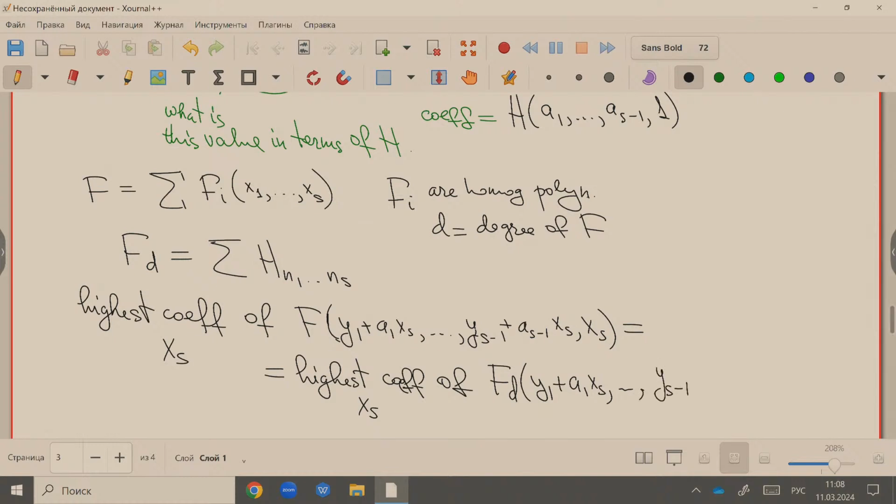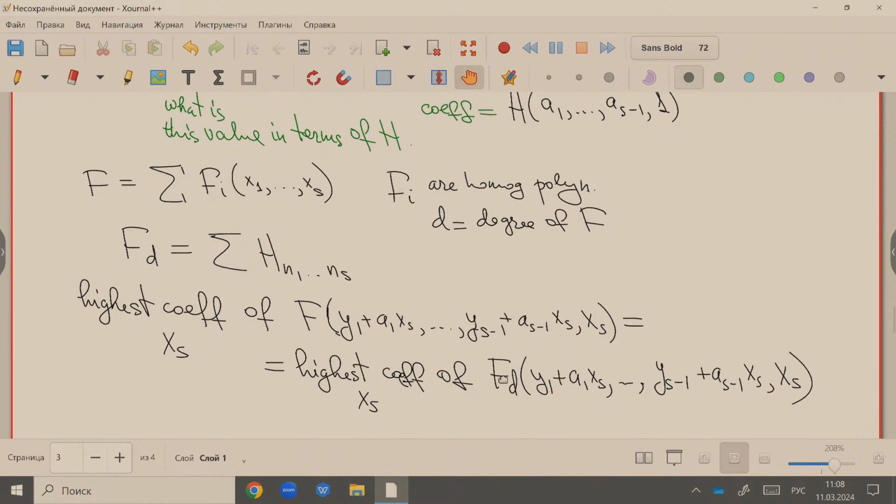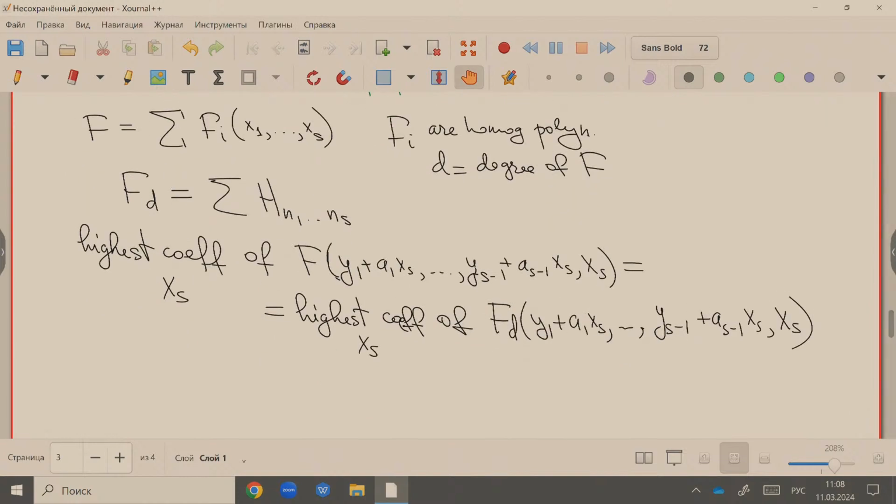And since this is true on the monomials, and this is just a linear function, this is the sum of the coefficients of the corresponding monomials. So this is equal to the substitution in fd, just a1, etc., as minus 1, 1.